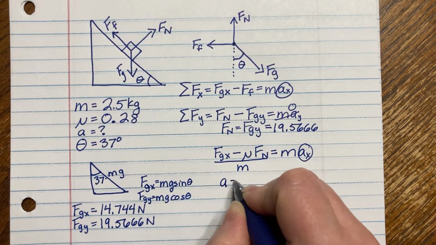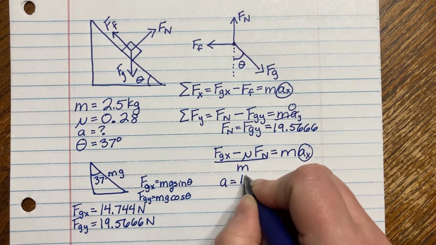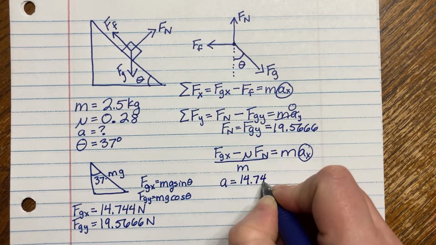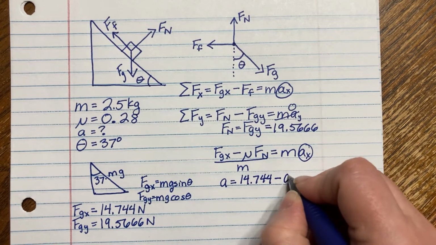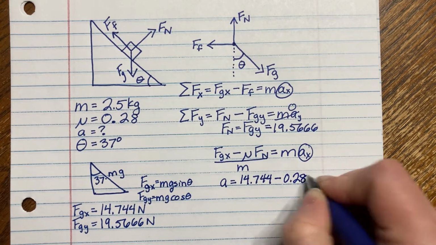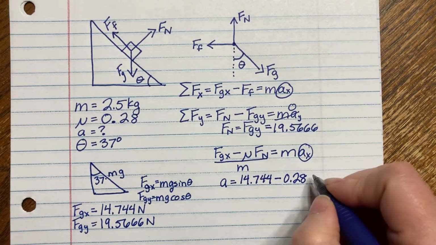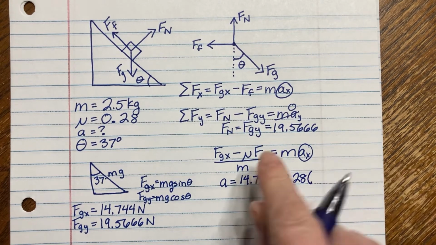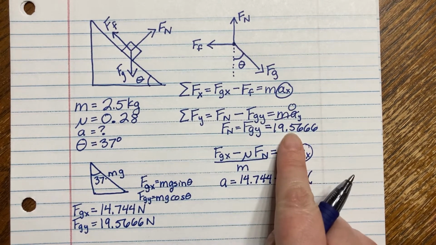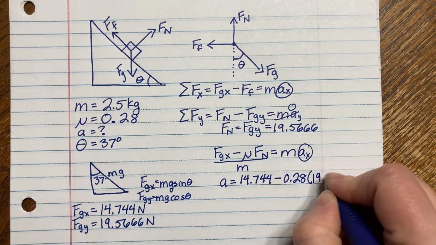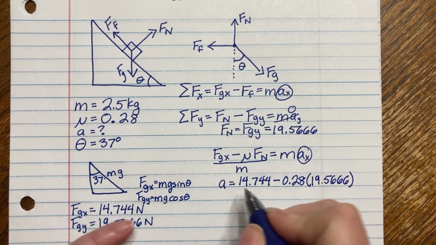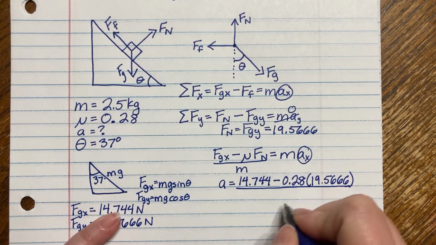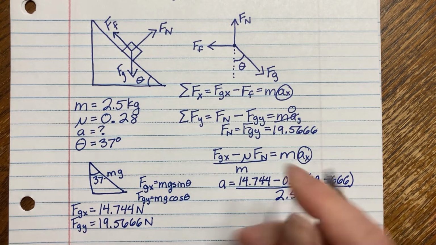So my acceleration is going to be FGX, which is 14.744, minus mu, which is 0.28, times Fn, which is equal to your FGY, which is 19.5666, over my mass of 2.5 kilograms.